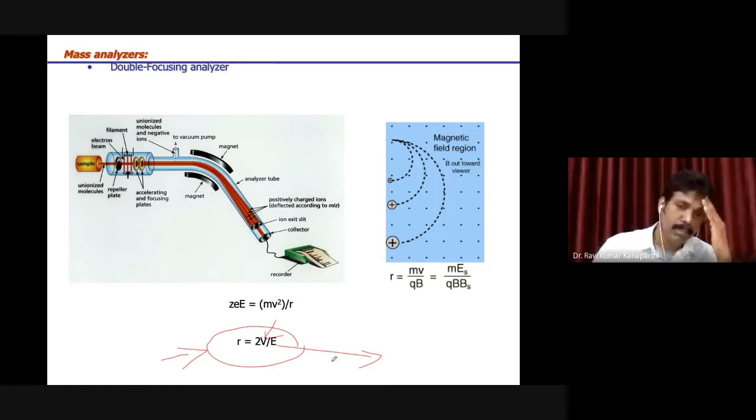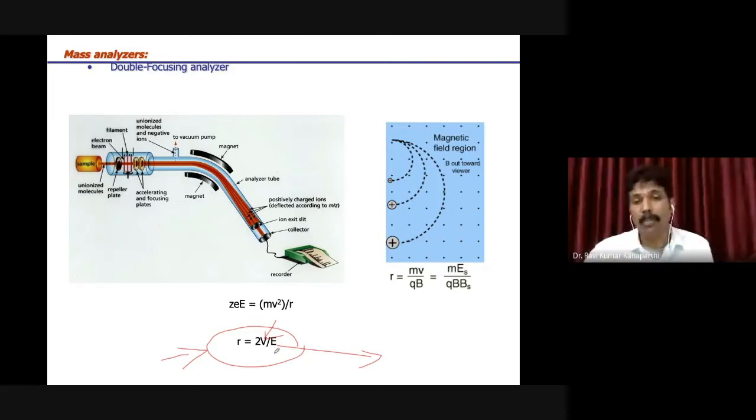As you can see, the radius of the path a particular fragment takes doesn't depend upon the mass or the velocity or the momentum, like in the case of a single focusing analyzer. That is really good, because it will not create any spatial distribution, which was the problem of the single focusing analyzer.